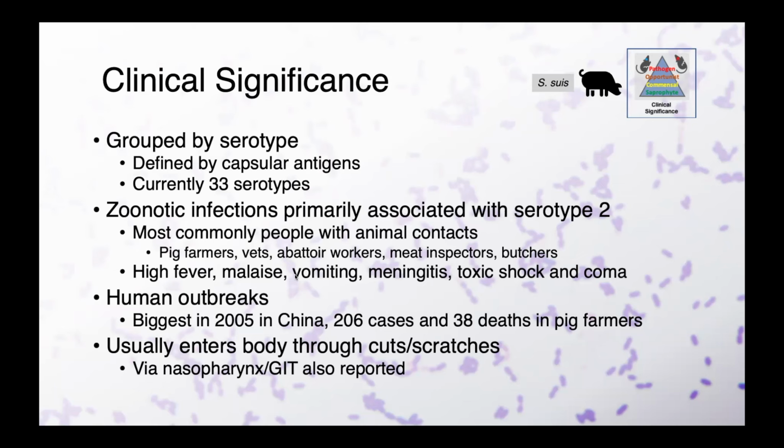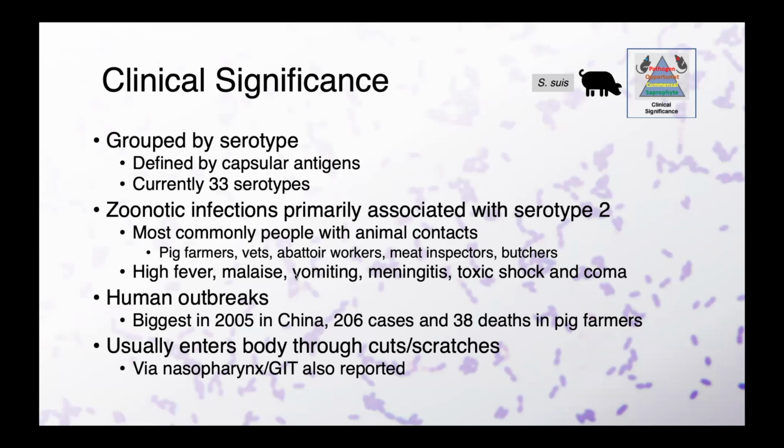And the people who are at greatest risk are obviously those with animal contacts, so pig farmers, veterinarians, abattoir workers, meat inspectors, and butchers. Symptoms of strep suis infection in people are high fever, malaise, vomiting, eventually meningitis, toxic shock, and coma.